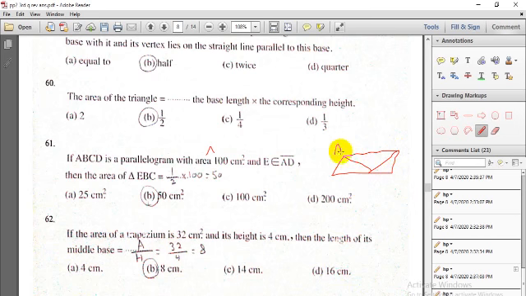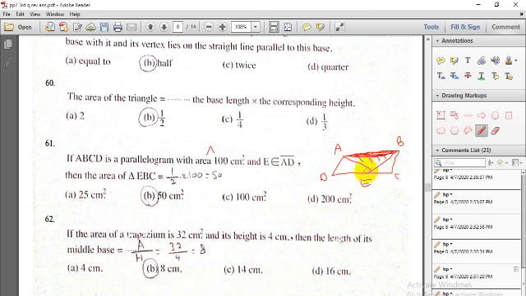Okay, this is A, B, C, D, and this is E. So look at this triangle. It has a common base with the parallelogram, and it is between two parallel lines, AB parallel to DC.